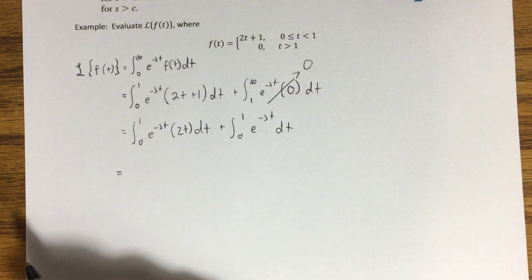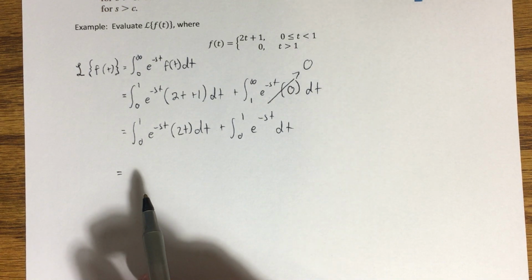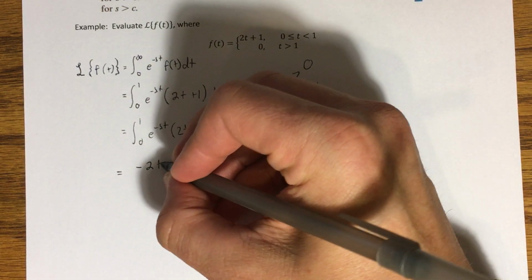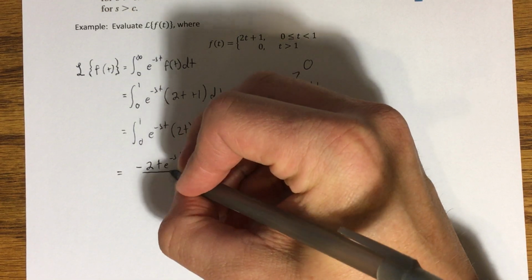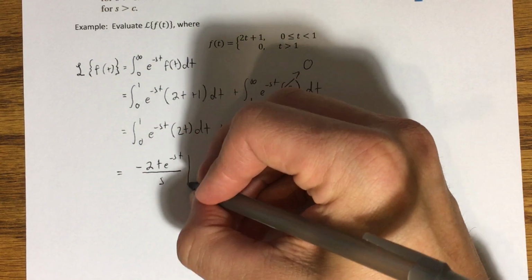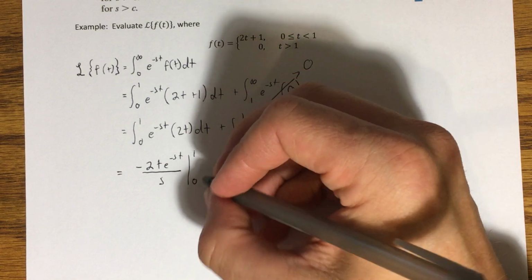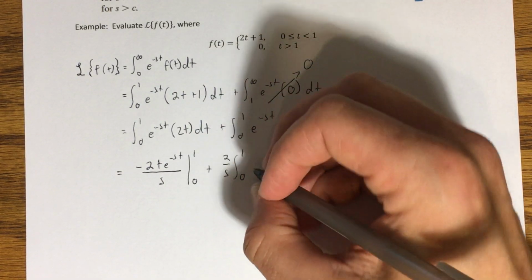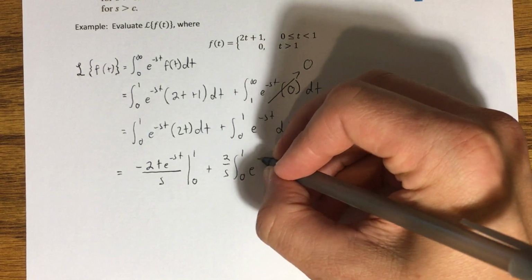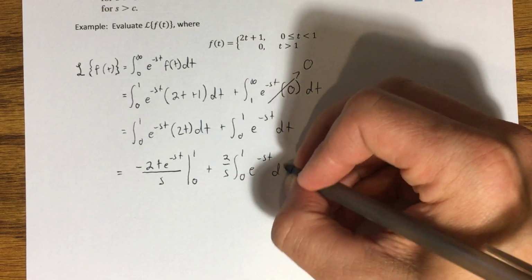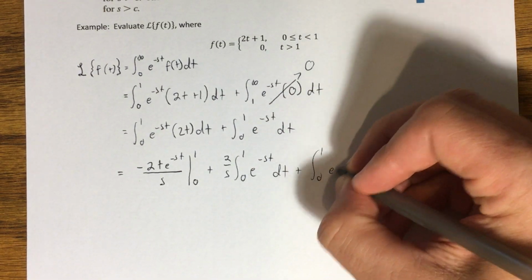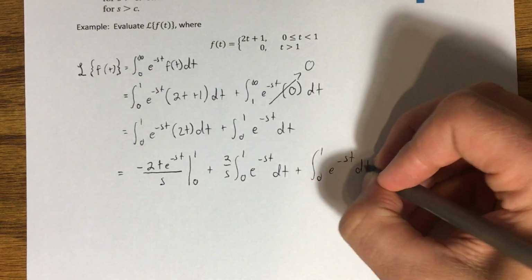This is integration by parts. I would want to use integration by parts here, and if I did that, I'm going to get negative 2t e to the negative st over s, and that's evaluated from 0 to 1, plus 2 over s, integral from 0 to 1, e to the negative st dt, plus this integral again, 0 to 1, e to the negative st dt.